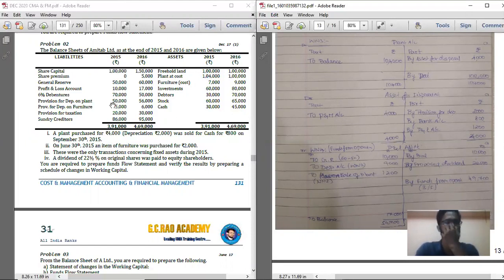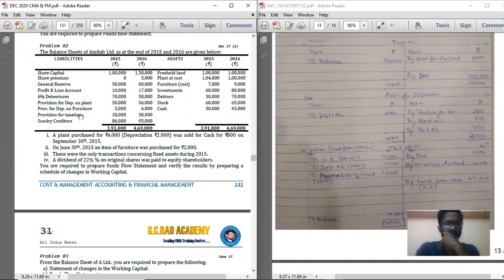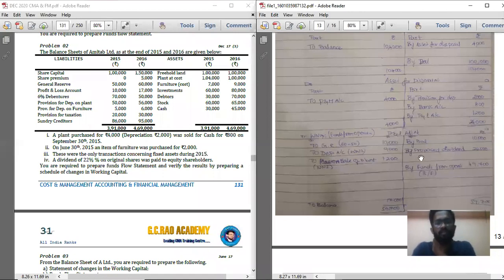Next, on the credit side, see, proposed dividend of 22,500. One second. See this proposed dividend, they have written it on the credit side.